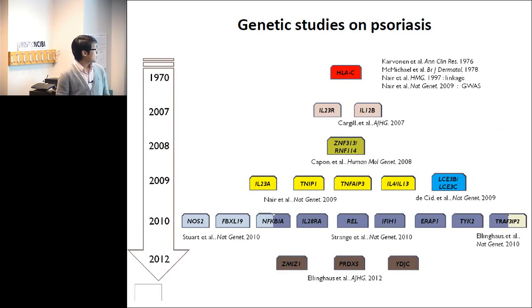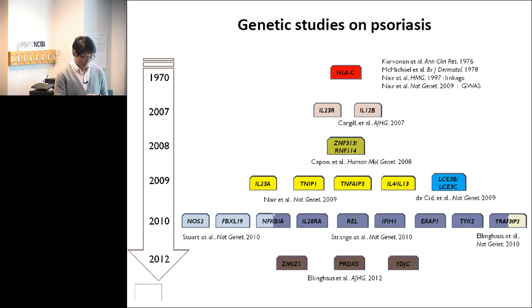Before 2012, we and other colleagues used different genetic association studies to identify psoriasis-associated loci. The most notable one is the locus in the MHC, the HLA-C gene, which has the highest effect size for psoriasis risk.